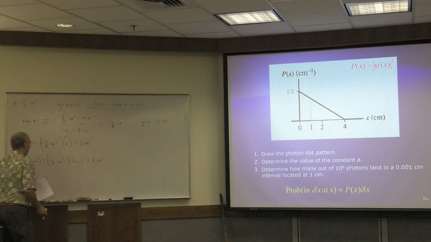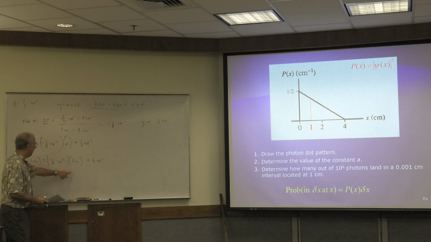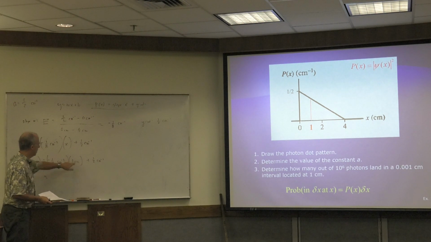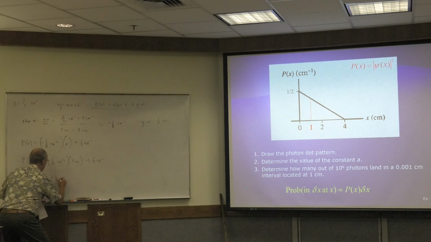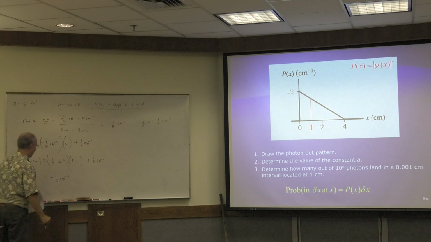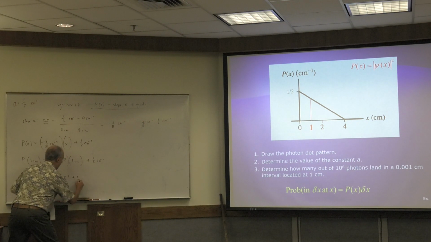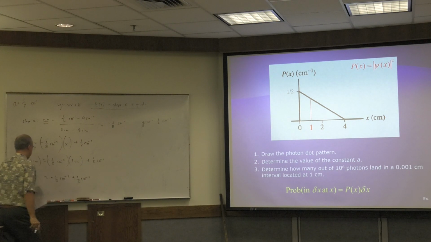Well, what's that times that? It's still negative 1/8, but we have centimeter minus 2 times centimeter, which is centimeter minus 1. So we have minus 1/8 centimeter minus 1 plus 1/2 centimeter minus 1.